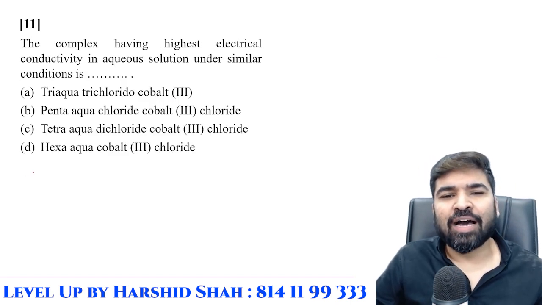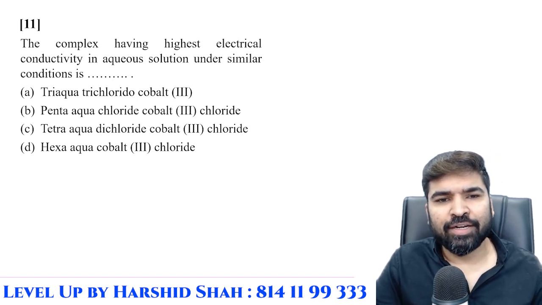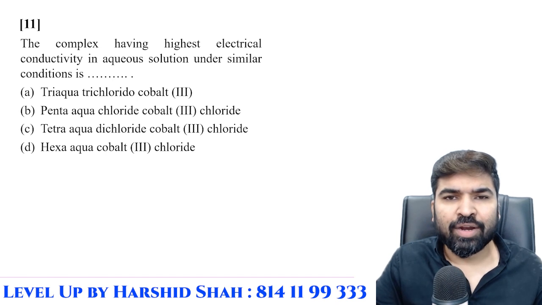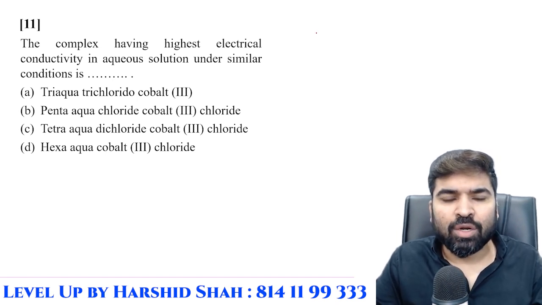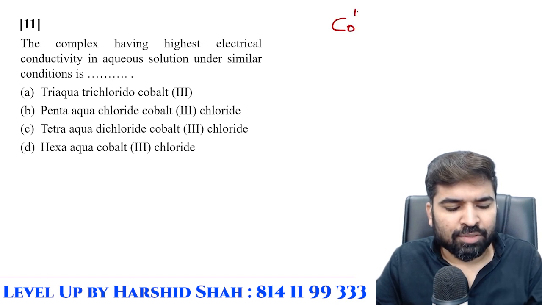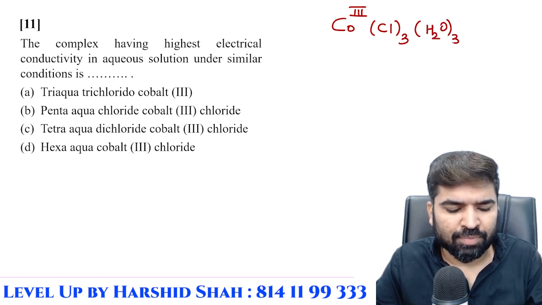The complex having the highest electrical conductivity in the aqueous solution under similar conditions is equal to what? Okay, let's write down all the structures, all the formulas. Triaquatrichlorido cobalt 3. So cobalt +3 with trichlorido, Cl3, and we have triaqua, H2O 3 times.